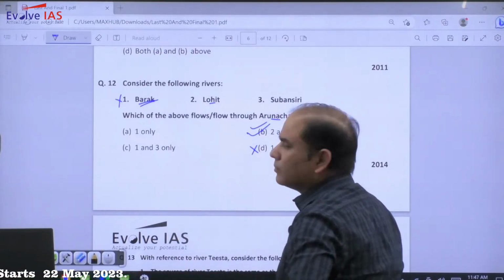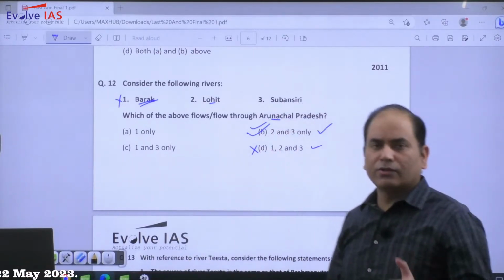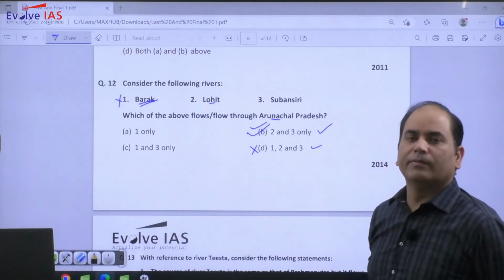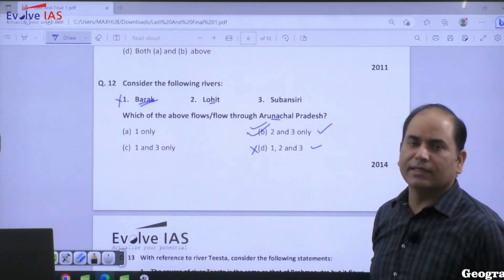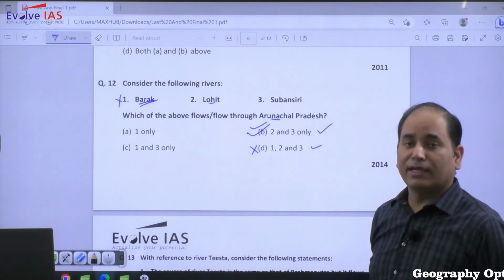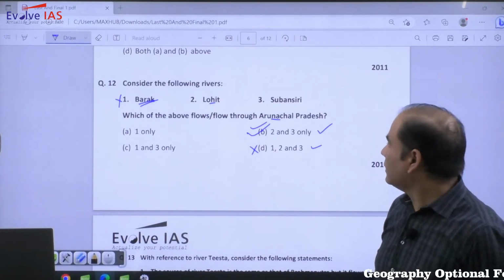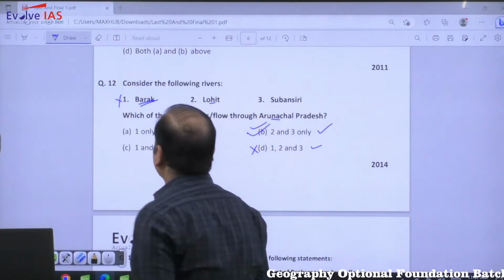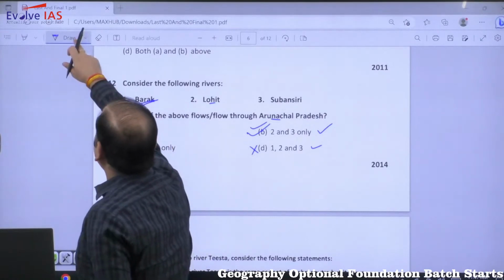So Lohit and Subansiri, all of these are tributaries of the Brahmaputra. Other tributaries of the Brahmaputra you will find are Dhansiri, Kameng, Manas, and the Kopili river.